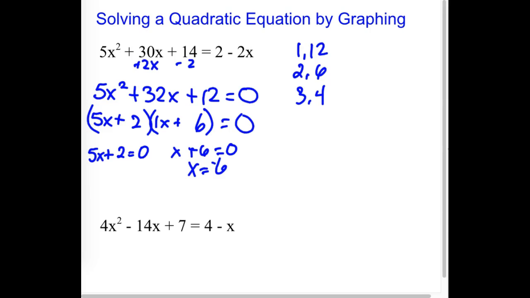If you can look at 5x plus 2 equaling 0 and know in your mind, I'm going to subtract a 2 over, which gets me a negative 2, and then I'm going to divide a 5 over, I'm okay with you writing that in one step. Okay? So, graphically, we are saying that we should be hitting the x-axis at a negative 6 and a negative 2/5. Yes?